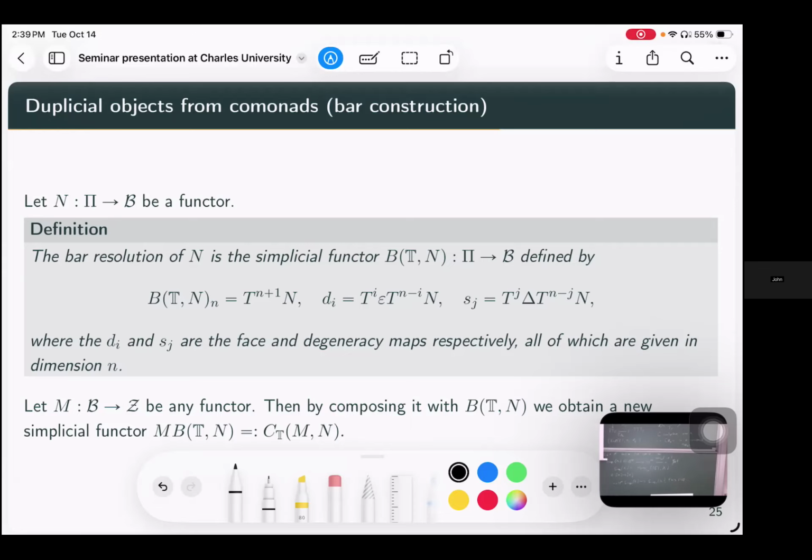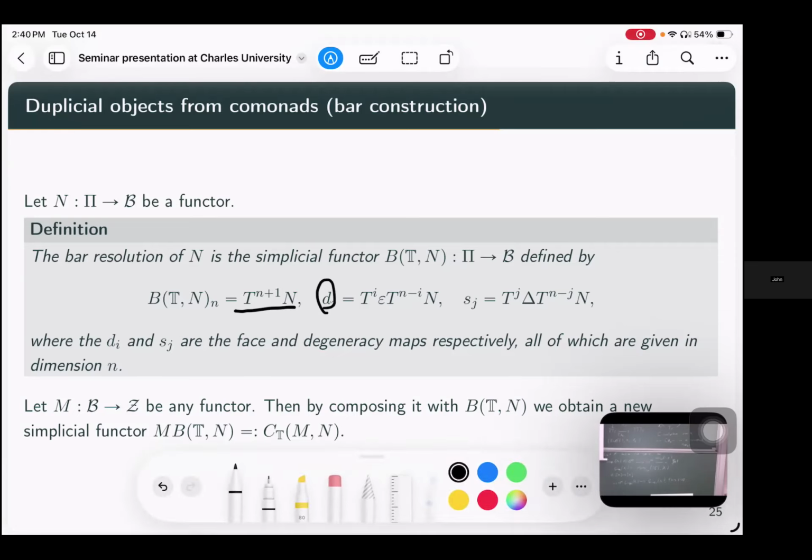So we have this object here where you actually do n plus 1 times of this t, and then we have the di's given by using this one to kill them.